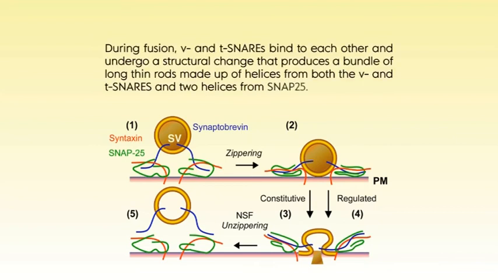During fusion, the v- and the t-SNAREs bind to each other and undergo a structural change that produces a bundle of long, thin rods made of helices from both the v- and t-SNAREs and two helices from SNAP25. The two SNAREs initially interact at their ends, then zip up into the bundle of helices. This structural change pulls the two membranes into contact and initiates the fusion of their lipid bilayers.